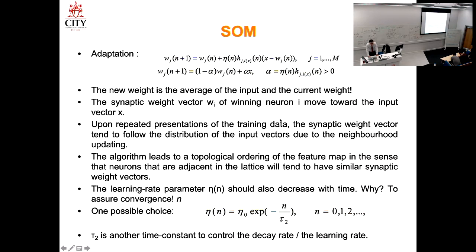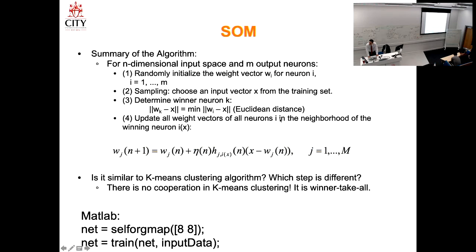If I want to summarize self-organizing maps in one slide, we are going to go through this together. For n-dimensional input space and m output neurons, randomly initialize the weight vector wi for neuron i from 1 to m. Then I have sampling. Choose an input vector x from the training set. Determine winner neuron. So far, k-means.